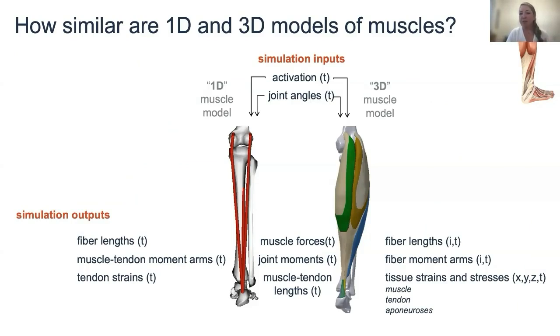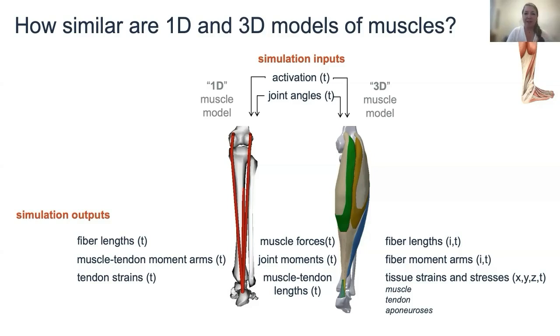In our 3D model, now we can look at fiber lengths individually: how these might vary through the muscle, how each might contribute to mechanical advantage, so moment arms of specific fibers, and other tissue stresses and strains. So rather than a single tendon strain, we could look at where we see strains in the tendon, the aponeurosis, and the muscle itself.